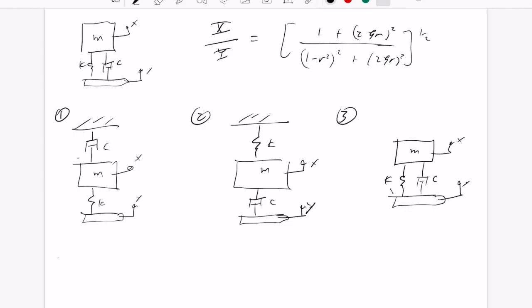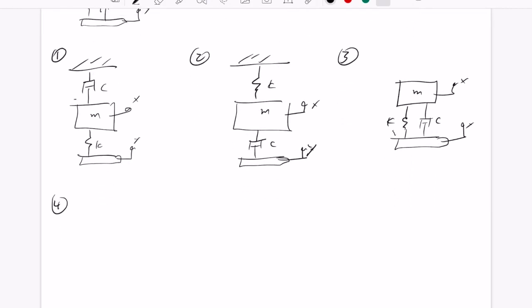And then the last one we're going to look at is a very general system. We're going to look at a system like this, where you have a spring and a damper, and then a spring and a damper here, and then some sort of base excitation like that.